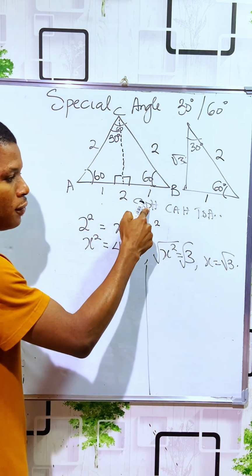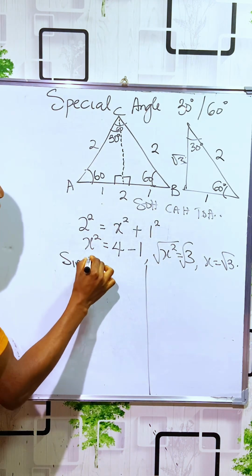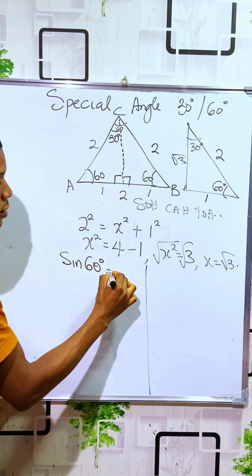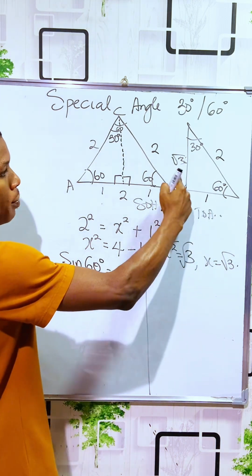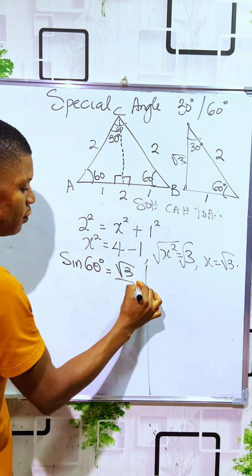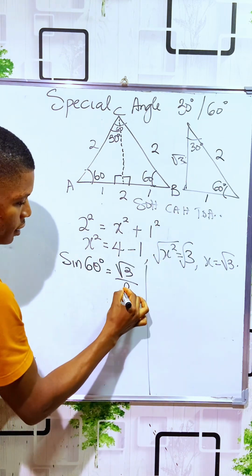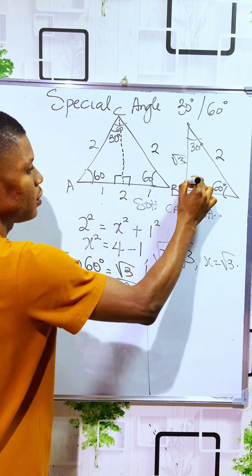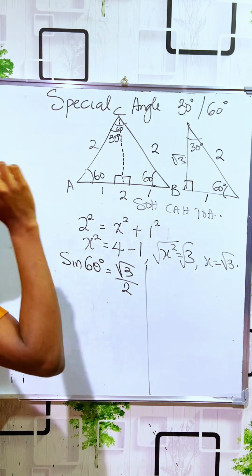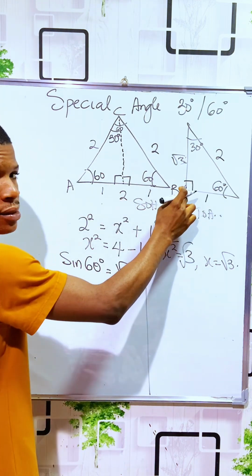Sine is the ratio of opposite and hypotenuse, meaning that for sine 60 degrees, this is 60 degrees, the opposite is root 3 over the hypotenuse, which is 2, the longest side. Recall the hypotenuse is always the longest side in a triangle and it faces the angle 90 degrees.